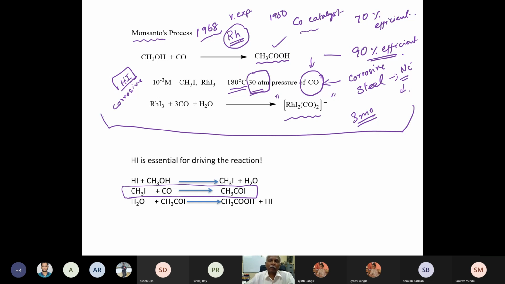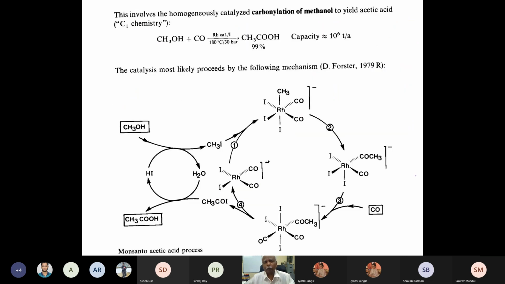So it's important that you have HI in the reaction medium, and HI converts CH3OH into CH3I, and CH3I reacts with the catalytically active species, which is written here. So let's look at the full cycle. I have reproduced what is given in Elschenbroich's book.